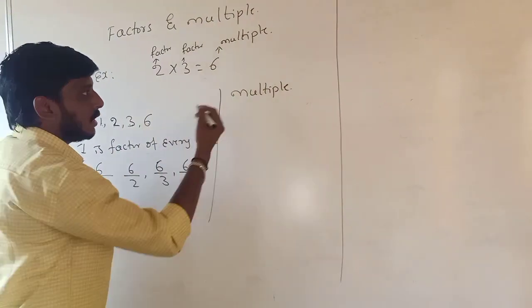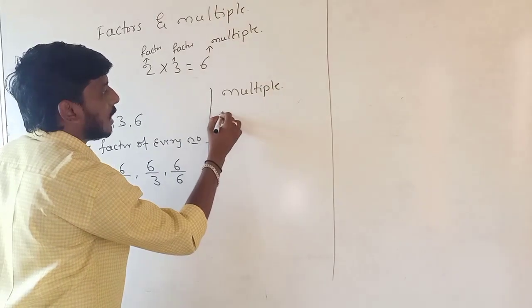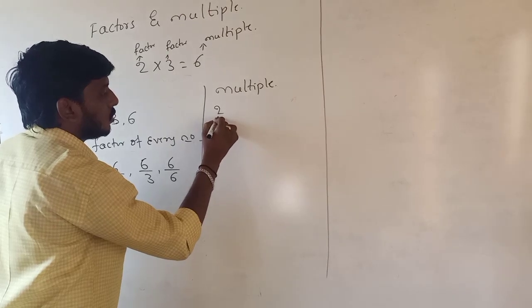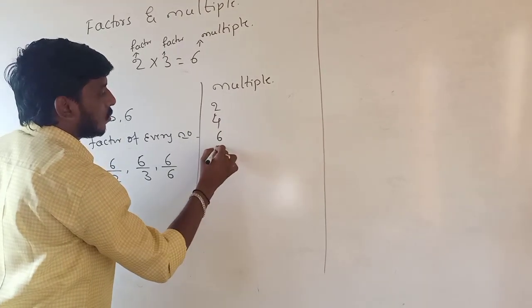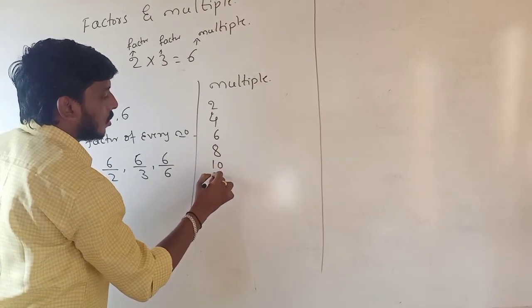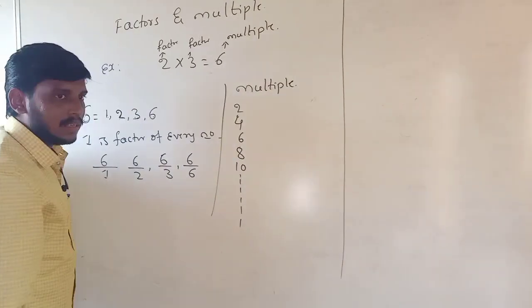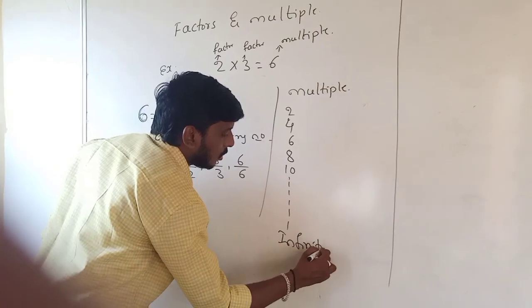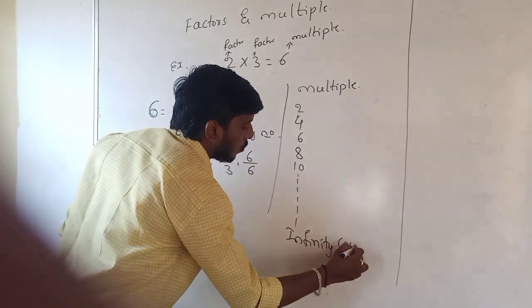If you want to get a multiple of a number, you multiply it by natural numbers. For example, multiples of 2: 2 ones are 2, 2 twos are 4, 2 threes are 6, 2 fours are 8, 2 fives are 10, and so on. You can go on like that to infinity. Infinity means countless.